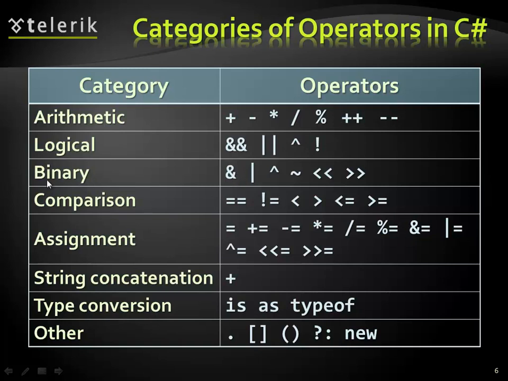We have the binary operators. These are a bit more tricky to understand, because we have to understand the binary structure of the data that we are handling. So if we have a number and we are doing some kind of binary operation on it, we'll have to know what exactly we're doing, because we're actually playing with the structure of the number itself, with how it's presented in memory with the bits of ones and zeros.